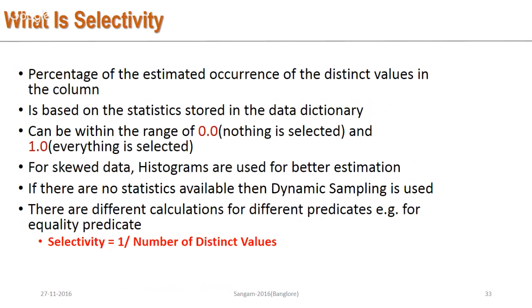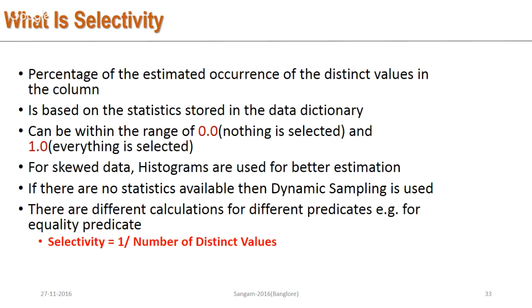The selectivity estimate is going to be in the range of 0.0 to 1.0. This information is used by Oracle to decide the actual number of rows which Oracle can assume to be found in the particular table. There are different formulas for different predicates. For example, I've just mentioned the equal to sign: for the equal to sign, it's 1 by the number of distinct values.